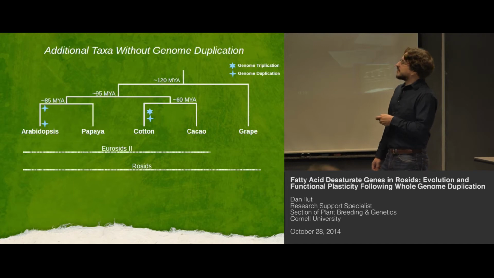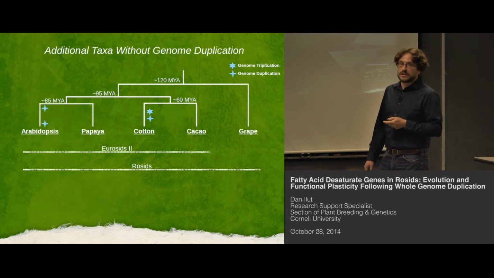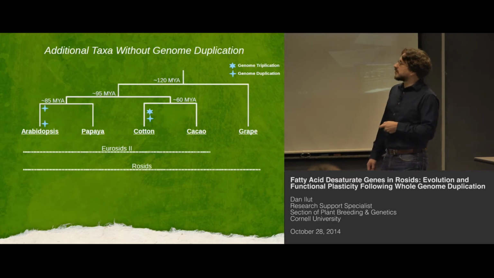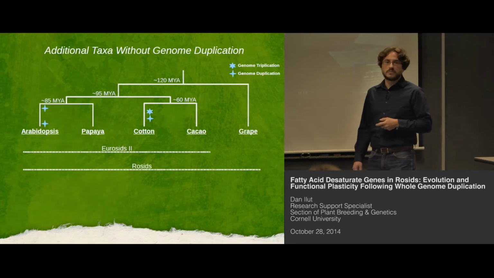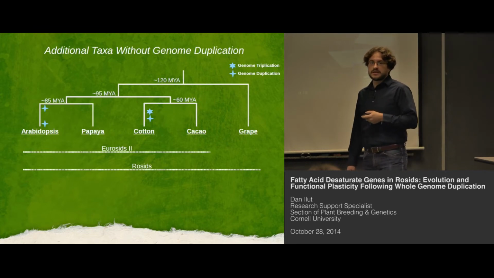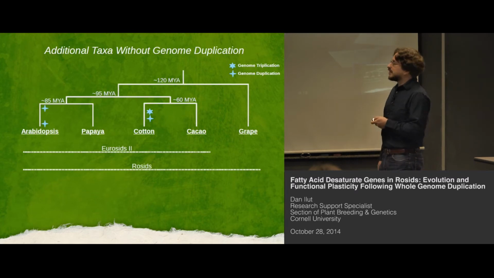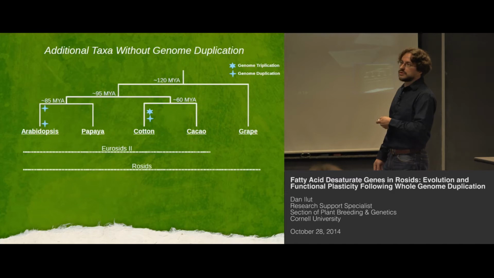So these dates are very approximate. It's just to give you an idea of what the divergences are. And when I mention Rosids in the title, this is the broader clade. For those not familiar with the taxonomy, basically eudicots are split mainly into Rosids and asterids with a few other taxa. So this is a huge group of plants, diverged a long time ago.